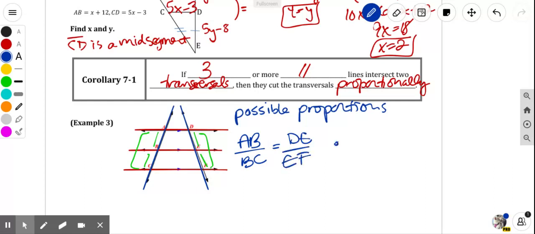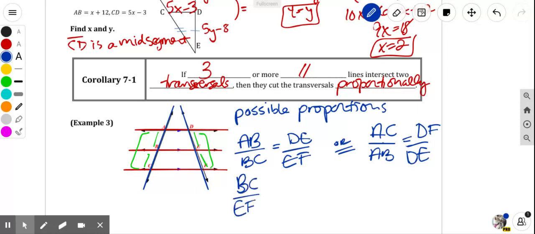You could do AC to AB equals DF to DE. You could do, let's go across, BC to EF equals AC to DF.